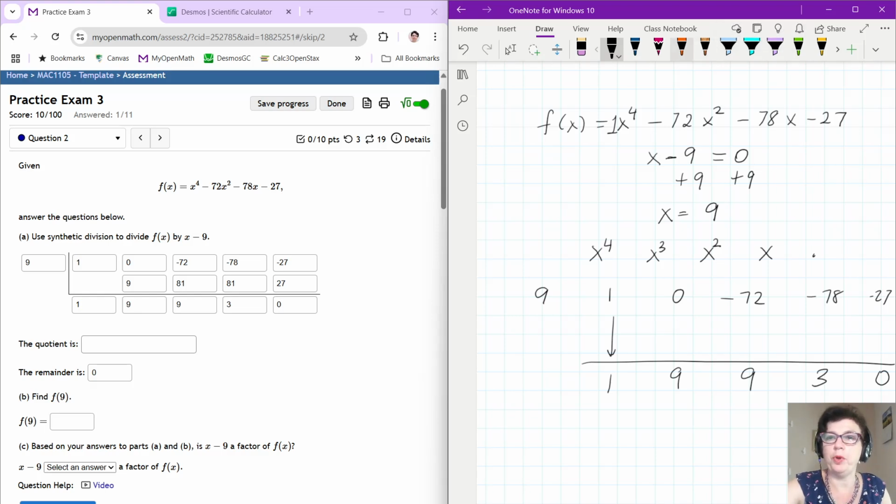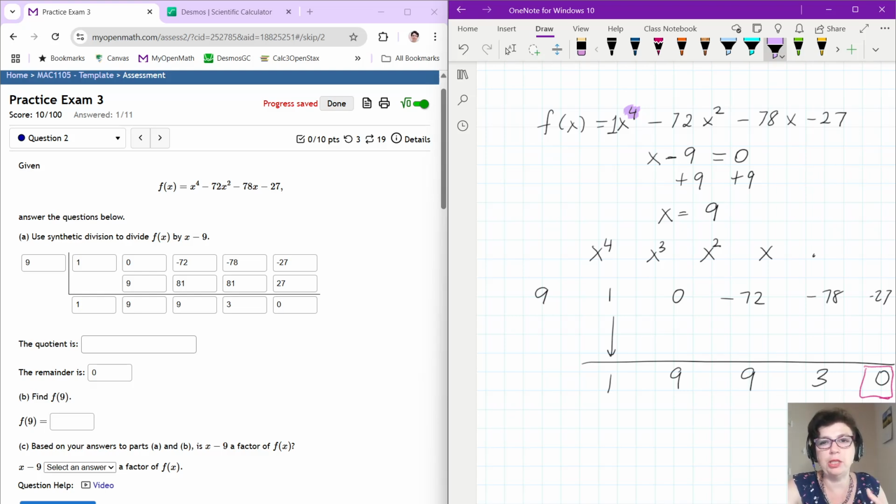At this point, I want you to forget about the remainder and reduce the original power by 1. Remember that the degree of this polynomial was 4, because 4 is the highest power of x here. When you divide it by x minus 9, you took away 1 degree. Think of it as just 1, because x minus 9 is just 1 factor.